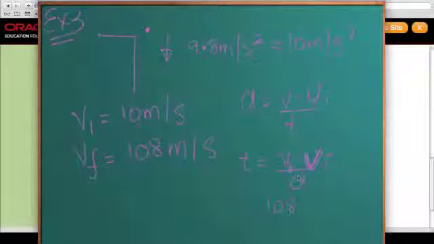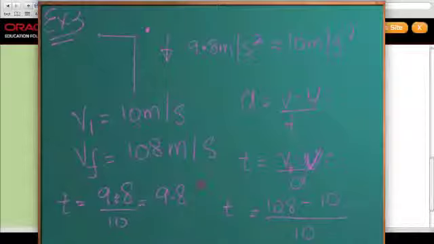So this is 108 minus 10 divided by 10, the acceleration. 108 minus 10 is 98, divided by 10, which will give us 9.8 seconds.